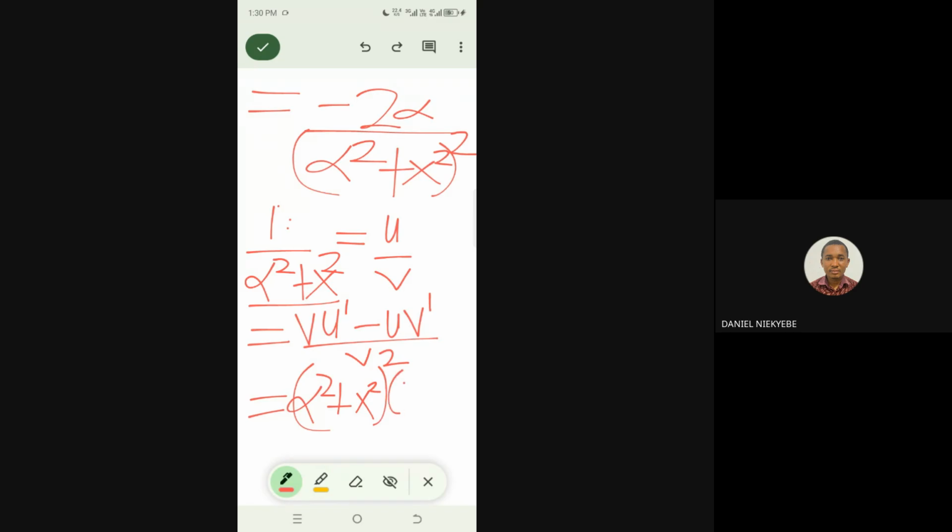You are getting 0 minus your 1. When you differentiate your v, we are doing it with respect to alpha, so we are going to get 2 alpha. x will be a constant, so it will give you 0, all divided by the square of this. So at the end of the day, you still get the negative multiplying this. You are still going to get what I had at the top here. Right, this is what I started and it didn't allow me to continue.